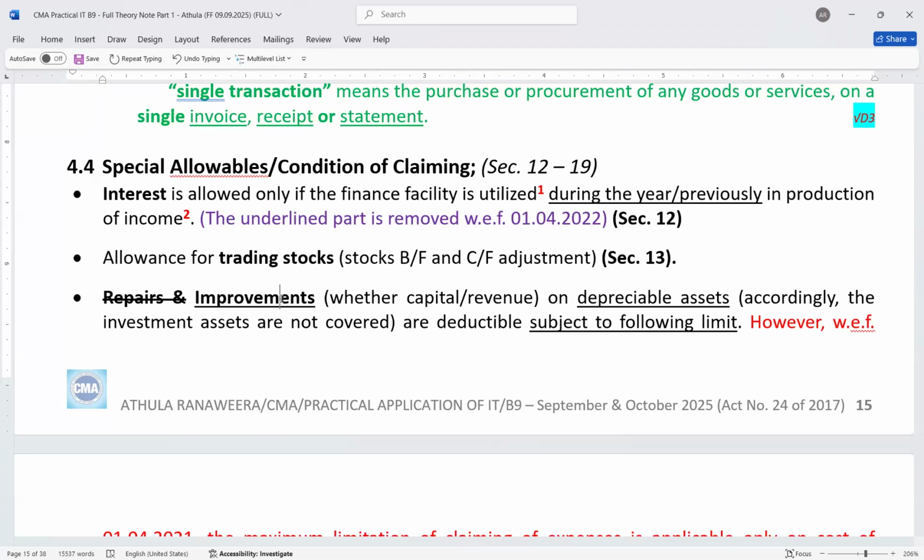Earlier, this "during the year or previously" wording was there, but subsequently, they removed that part. Now, what has happened? Suppose, at that time, as per the law, a company obtained a loan in 2023-24 from the bank and utilized that money for working capital. In 2023-24, they reduced the working capital and gave that money to the managing director to buy a house.